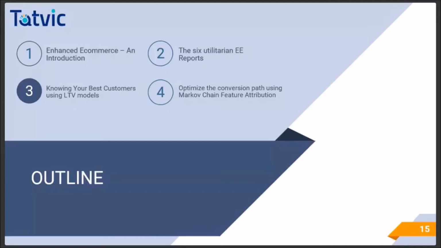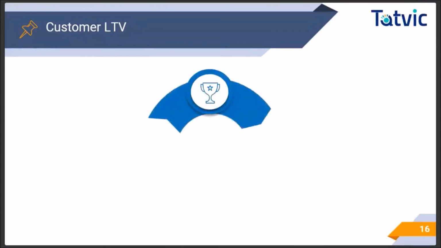Okay, so the first thing that I'm going to talk about is LTV. How do I know which are the customers who have the best LTV, or lifetime value? Lifetime value is an industry buzzword. SaaS companies, e-commerce companies, everybody uses it.